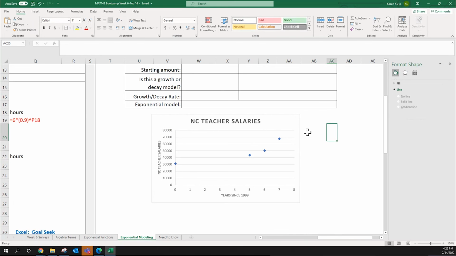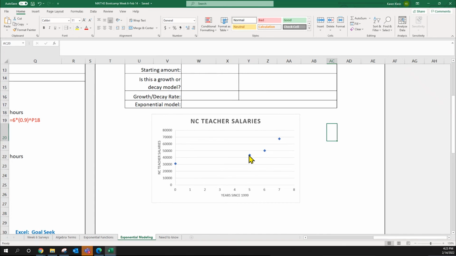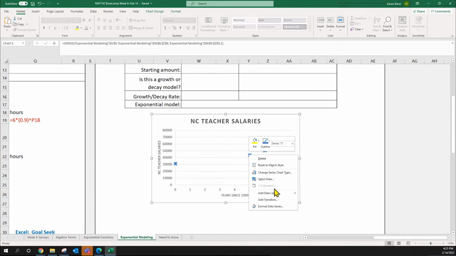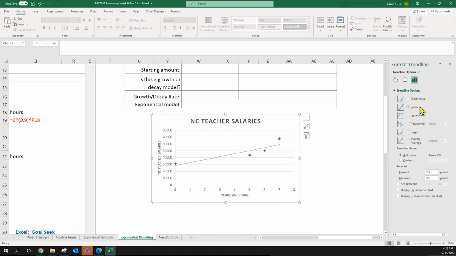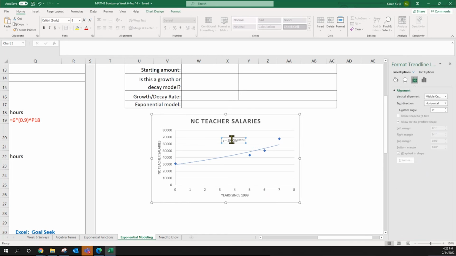All right. If we are to map out an exponential model, we're going to right click. We're going to say add trend line, and we're going to select exponential. And we're going to display equation on chart.